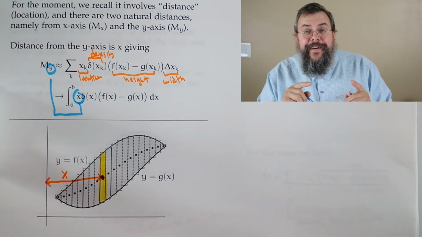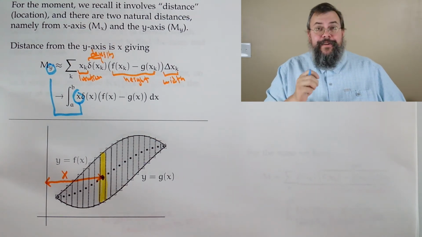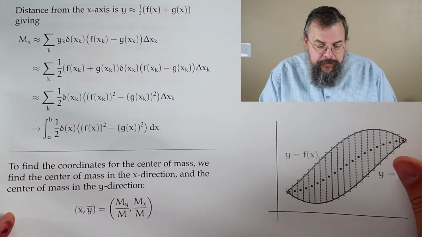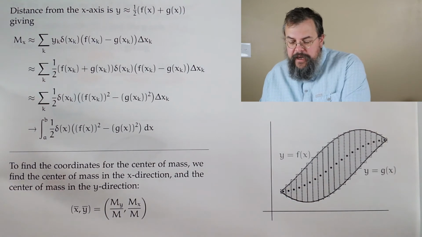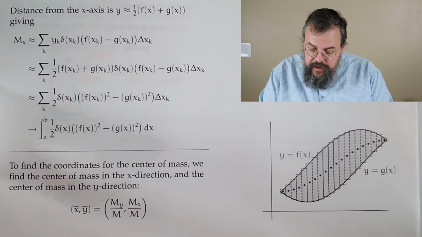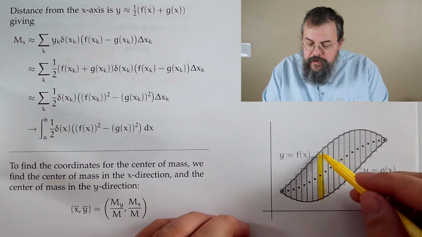So now let's talk about m sub x. This one is a little bit stranger. What do you have? Well, here's the idea. If you go back to our picture, we'll keep the same picture here. We have our little piece. We'll mark a piece here. Here's our little piece. And we say, look, we do the same thing as before.